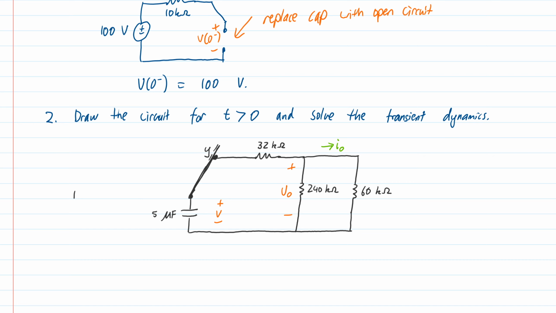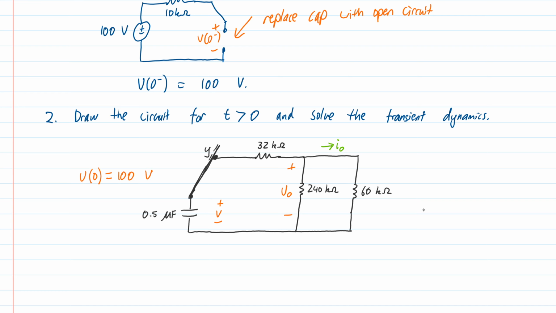We do need to keep the capacitance there. We just have the circuit that you can see here, and we know the initial voltage on this capacitor, so V of naught is going to be 100 volts.